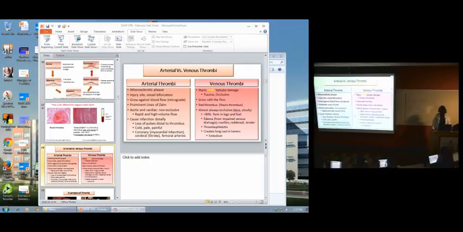It tends to be very tender. Sometimes they're predisposed to inflammation, and that's what you refer to as thrombophlebitis. Phlebitis is inflammation of the vein. Thrombophlebitis is just saying that it's due to a thrombus.